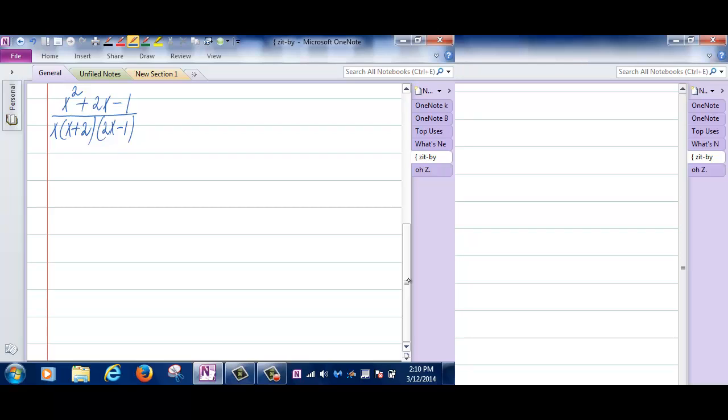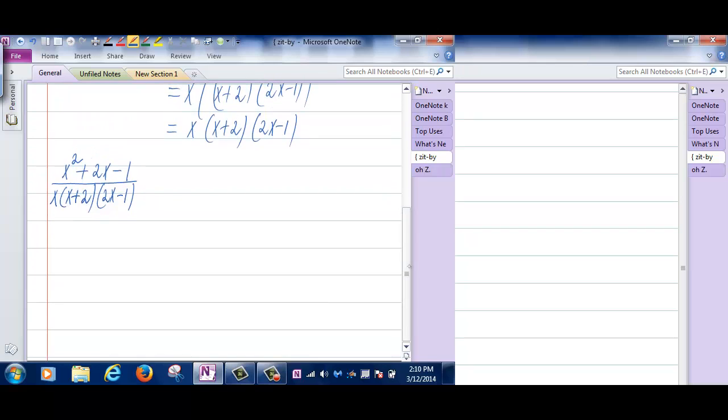Now the second step is that we need to write down the partial fraction decomposition of this fraction. Now remember the guidelines. Each factor in the denominator contributes certain terms in the decomposition.